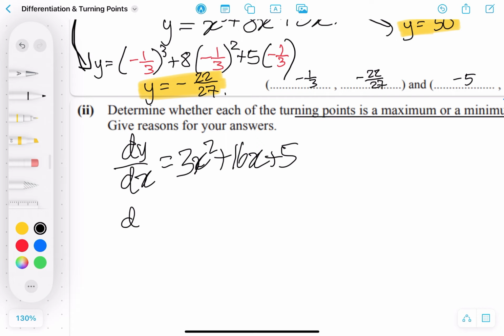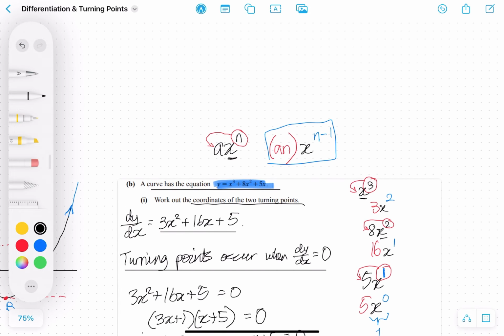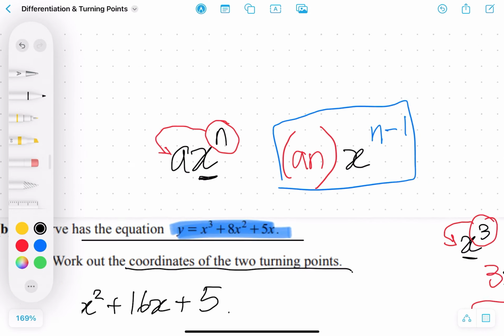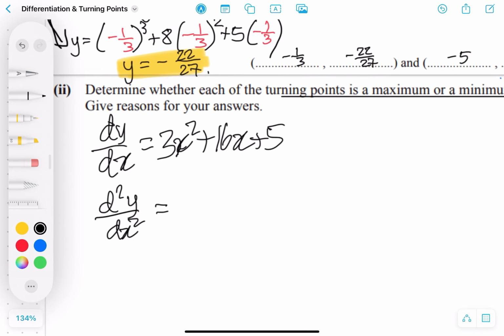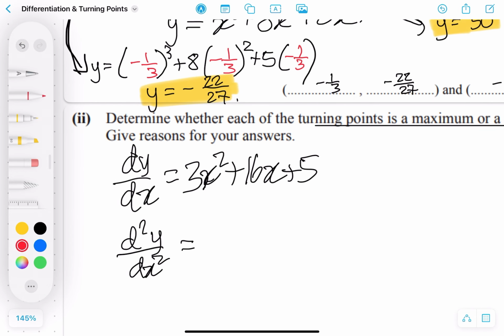So to find the second derivative, d2y by dx squared, we do the same process up here of finding the derivative. Where you multiply the power, bring the power down, multiply it. So for this first term, it's 2 multiplied by 3, which gives us 6, and then we keep the x the same. And then we reduce the power up at the top by 1, so that power becomes 1, 2 minus 1.